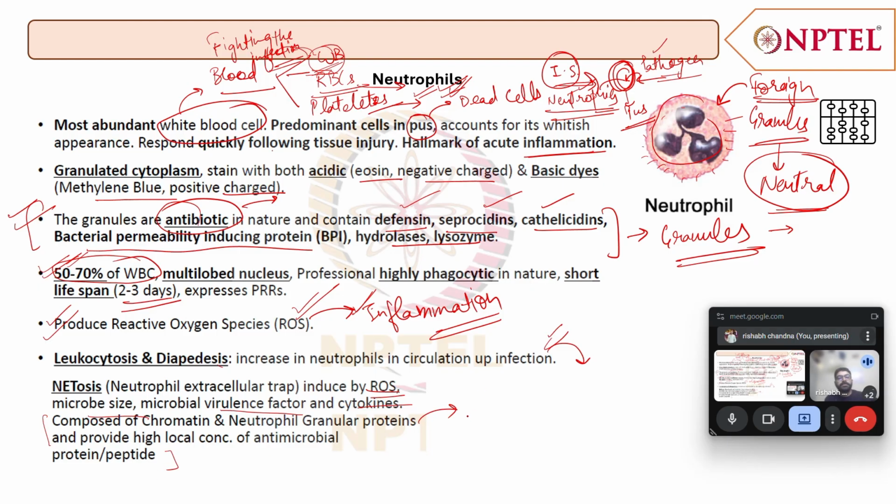Whenever it acts upon the various pathogens, it releases a mesh-like structure that has the different antimicrobial proteins or peptides as well as certain granular proteins and the chromatin of the neutrophils. It is produced by inducing the ROS, microbial size, its virulence factor, and the cytokines that are produced in response to that pathogen.